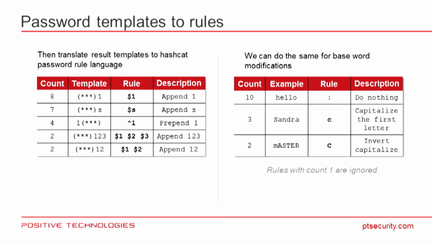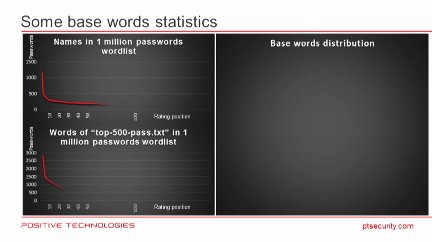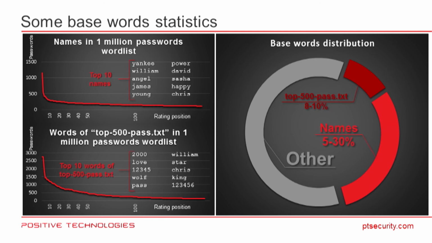So that's what I used here, adding the more popular passwords. Then we can combine these two charts with rules and add up the following chart, having the more popular rules. And I would like to show you some statistics.